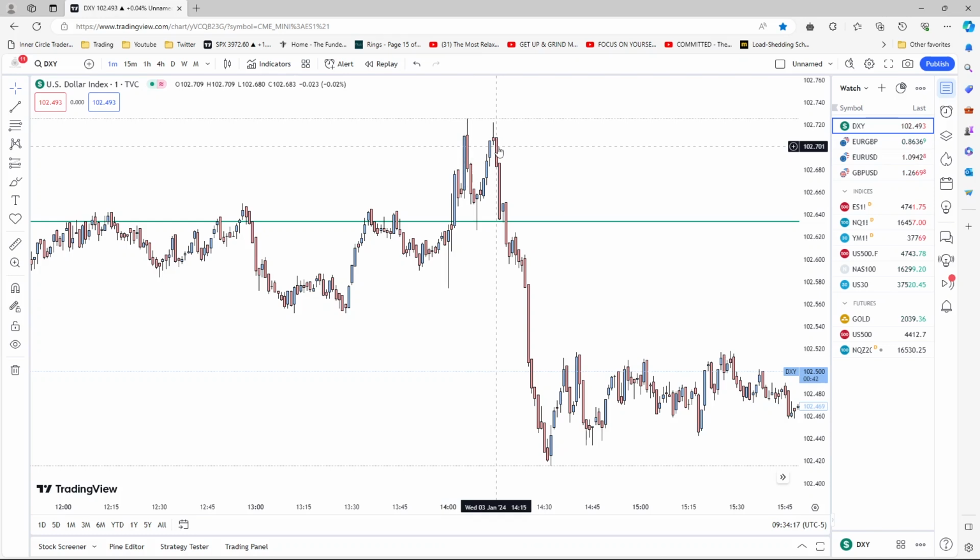Now, looking at the PM session, with this one over here, this is a bit of a more complex one. I would say low, higher, high. So this candle right there, that's your breaker block.